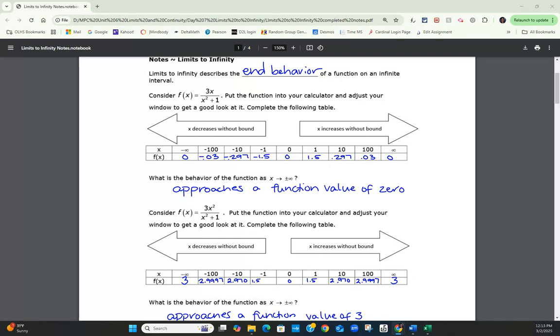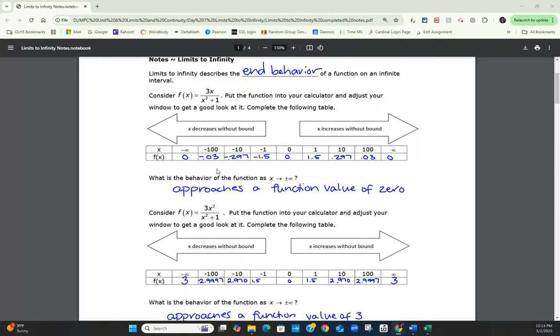So for this first function, it's a rational function. And if you put it in your calculator, adjust your window so you've got a nice view of it. If you want to complete the table, the values that are constants, you could either substitute them in algebraically, or if your window is set so that your x-min and x-max go to at least negative 100 and positive 100, then you could do second trace value and just type in the different x values, and you can get these output values.